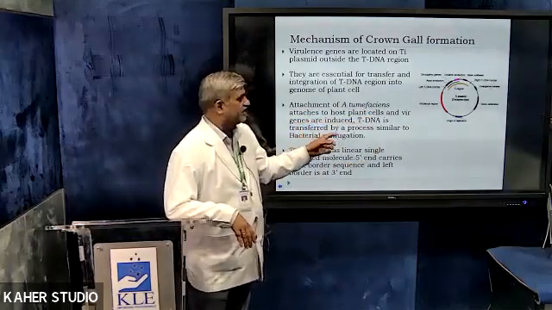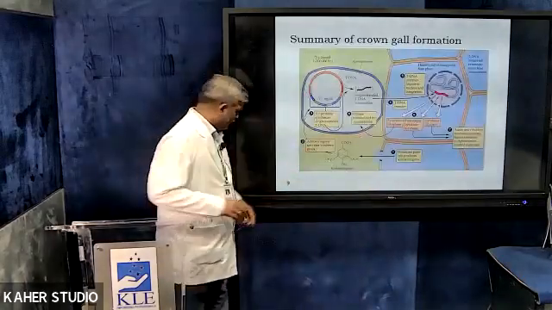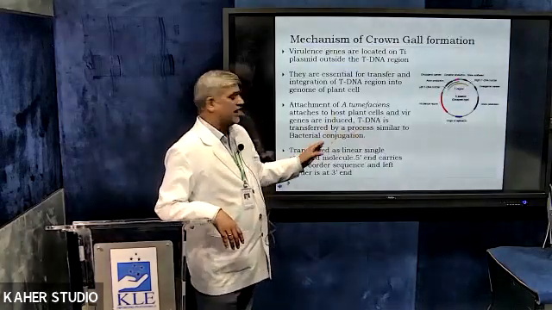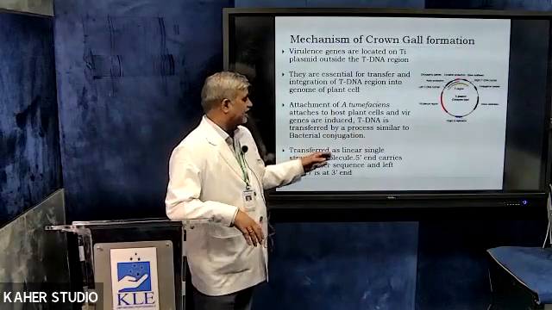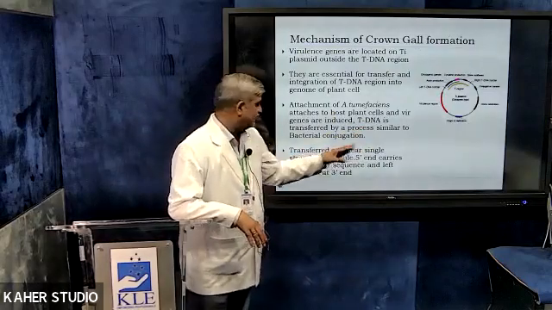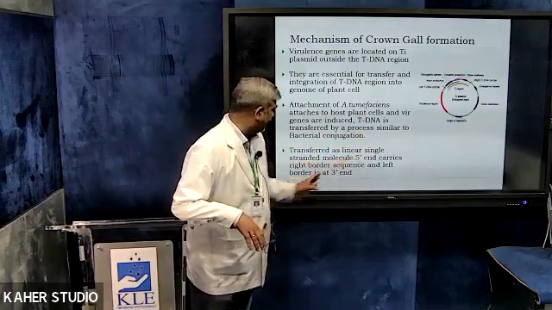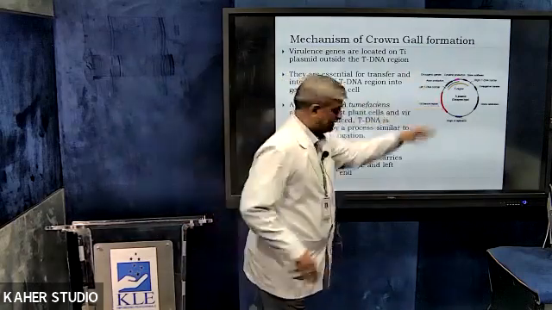T-DNA is transferred. This particular part of the DNA is transferred by a process similar to bacterial conjugation, and the genes are transferred as a linear single strand molecule, wherein the 5' end carries the right border sequence and the left border is at the 3' end.